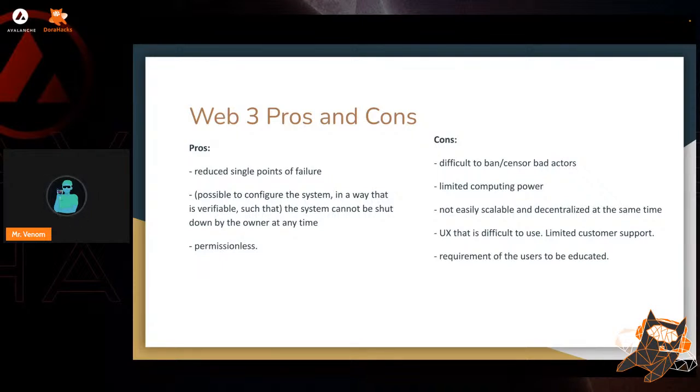For a smart contract, you cannot run a lot of code, right? The code has to be really optimized because it's redundantly running on all of the validators' computers. And the third thing is it's not easily scalable and decentralized at the same time.